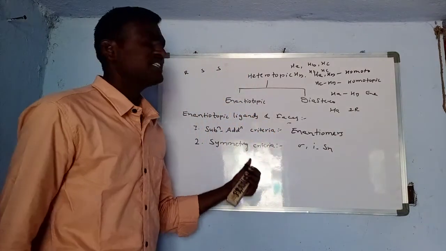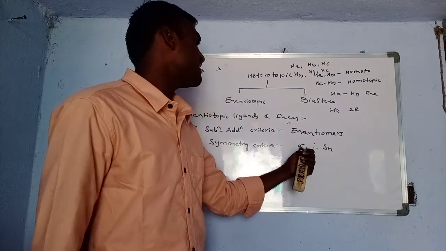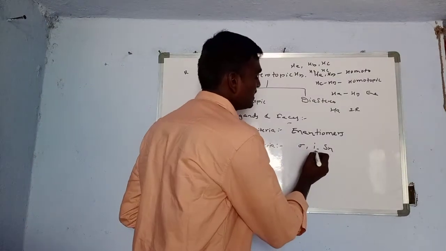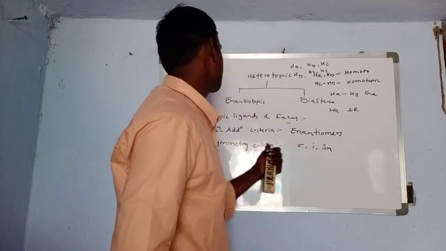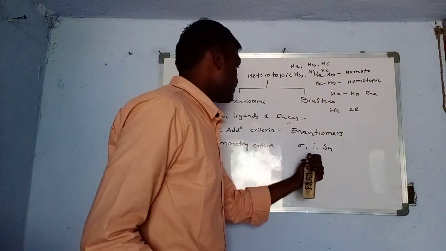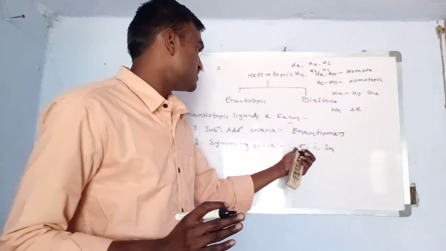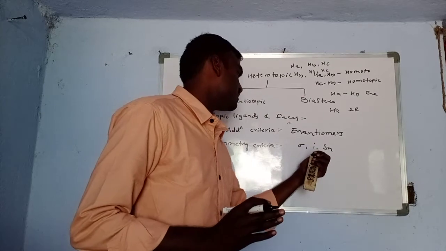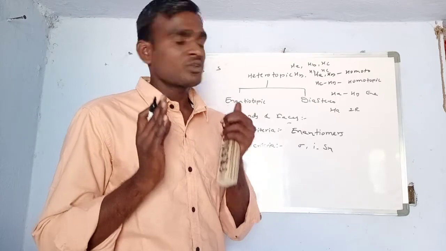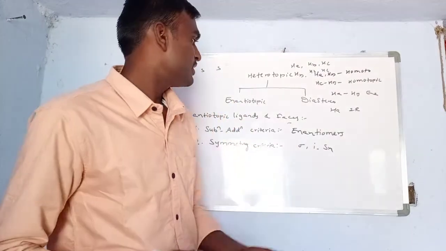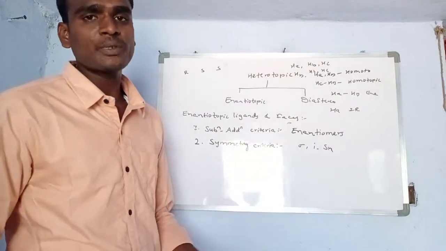Whenever the ligands are interchanged through the second kind symmetry elements, that is a plane of symmetry and a center of inversion, and sometimes an alternating axis of symmetry, present in the molecule, then those molecules have enantiotopic ligands.